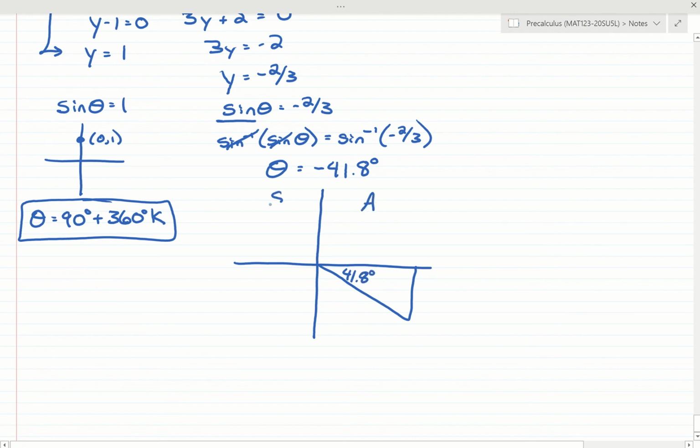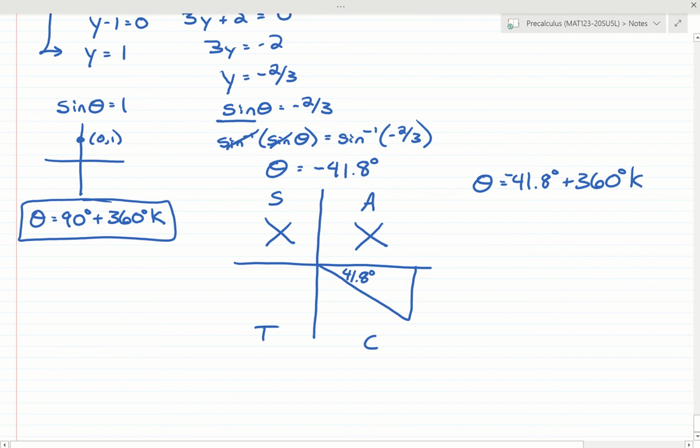Now that should make sense because in that quadrant, sine is negative, right? Sine would be negative in the 4th quadrant and in our 3rd quadrant. So one of the answers is negative 41.8 degrees plus the period of sine.